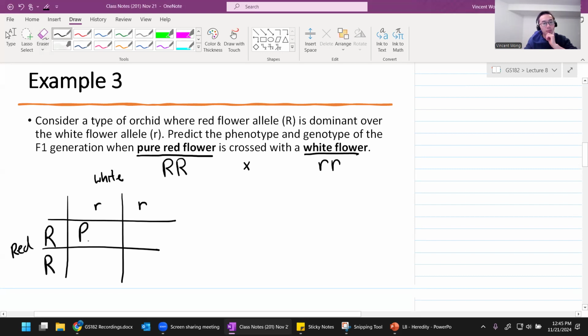And when you do the Punnett square, you will see that they are all big R, small r, right? So then that's going to be 100% big R, small r, which means it's 100% red.